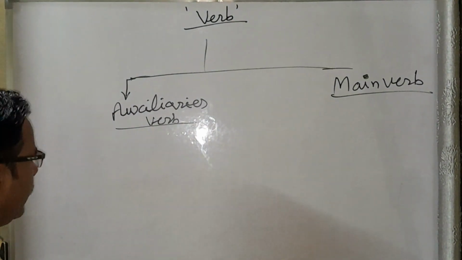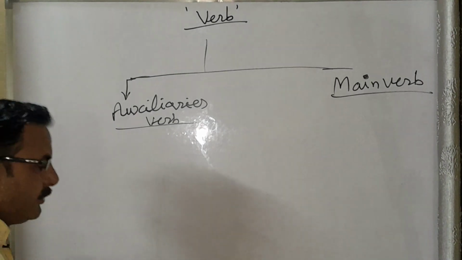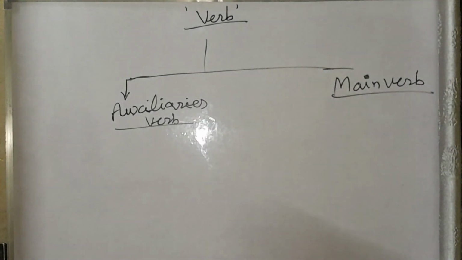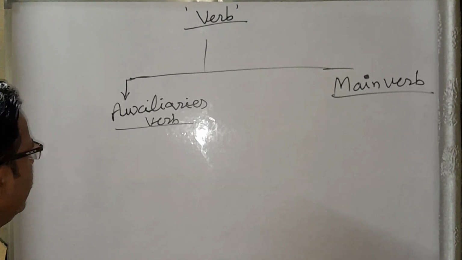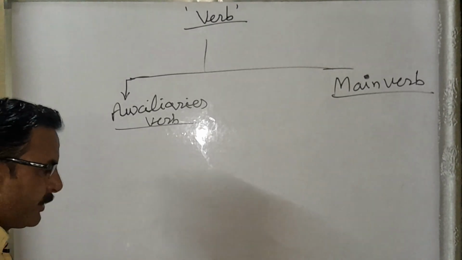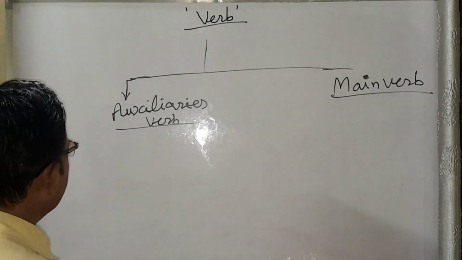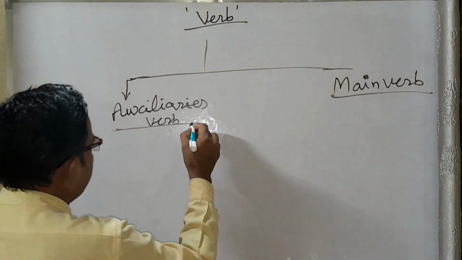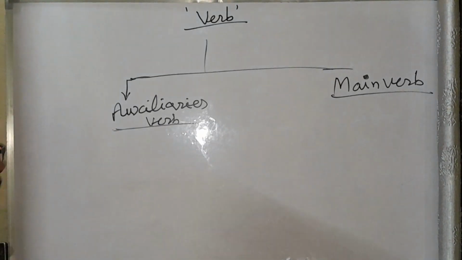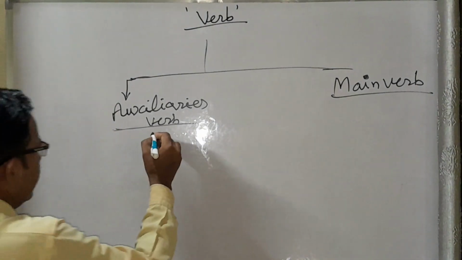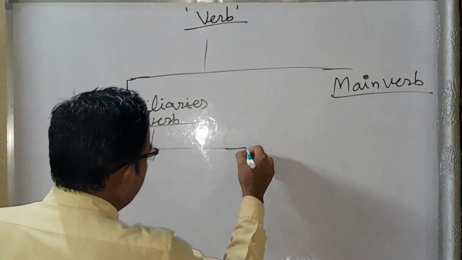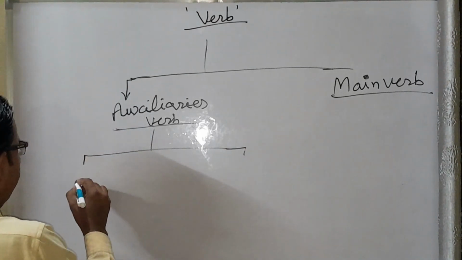The auxiliaries are all non-finite verbs. They do not change their forms as per the number of the subject and the gender of the subject. They remain the same. But auxiliaries are of two types.